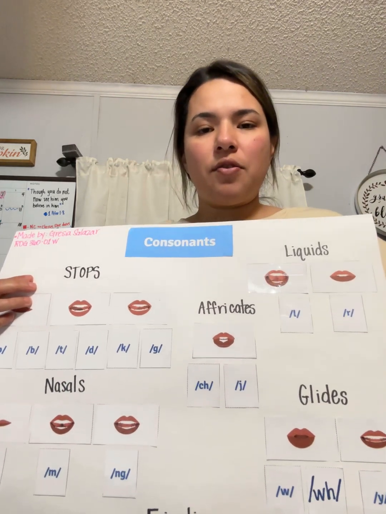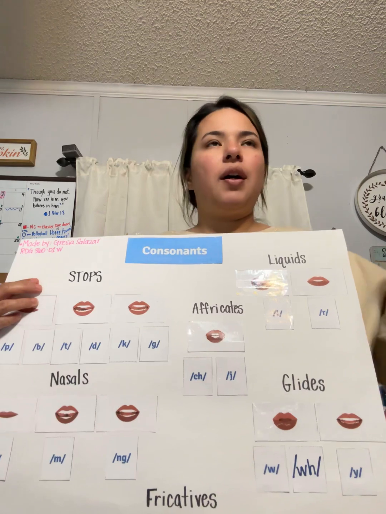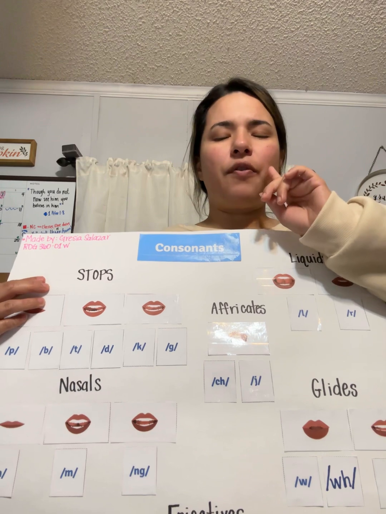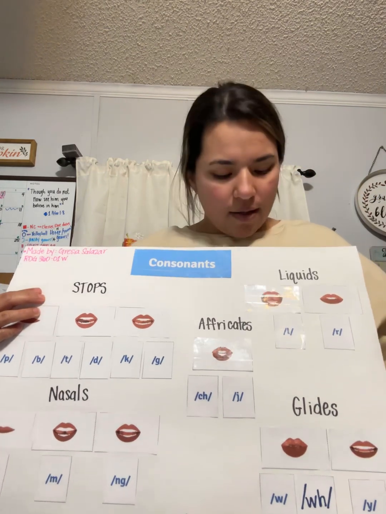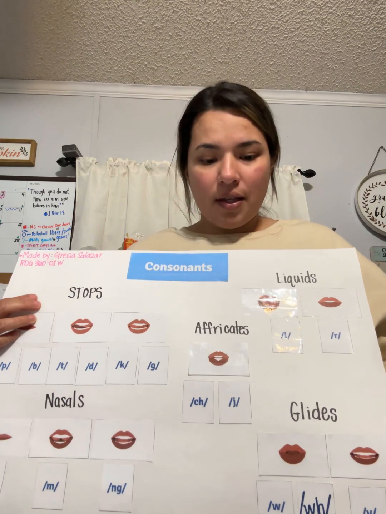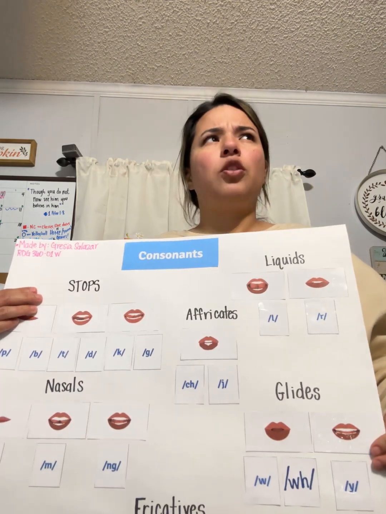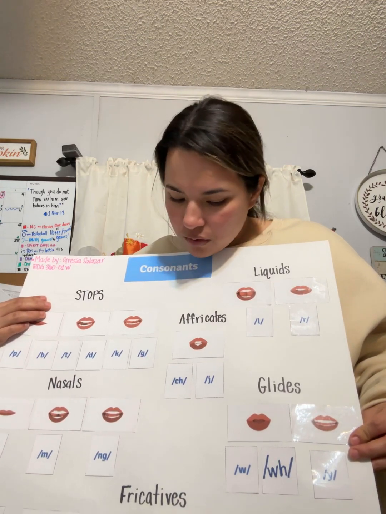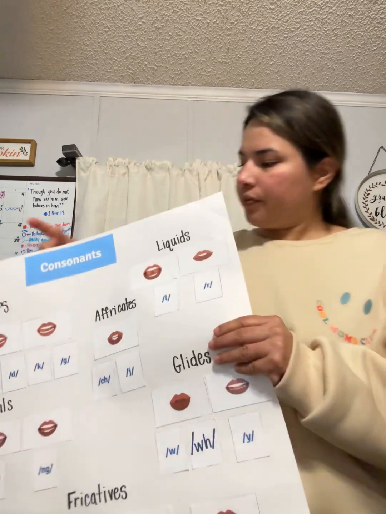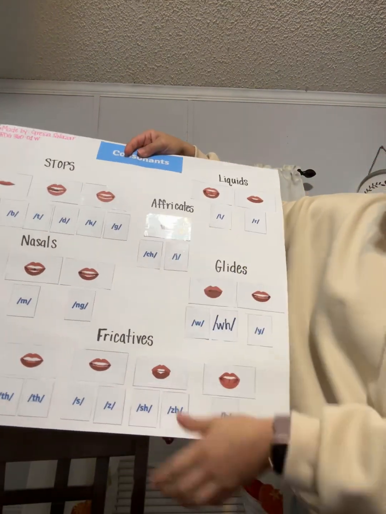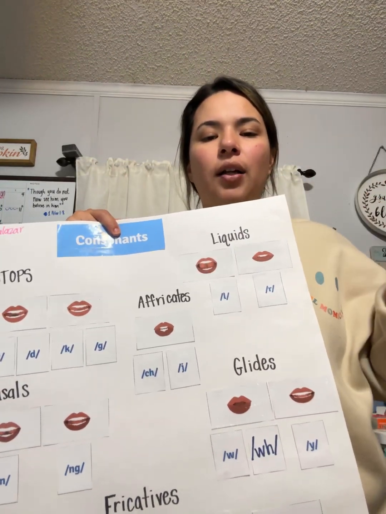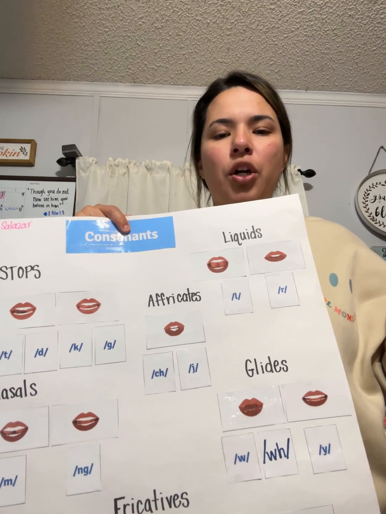For example, one of them uses the roof, the hard part of your palate, which is a little further back from your teeth. I want to say it was ch. Yes, it was ch. So where's ch? Right here, affricates. You touch the hard part of the middle of your palate, ch, ch. So it makes the phoneme sound.